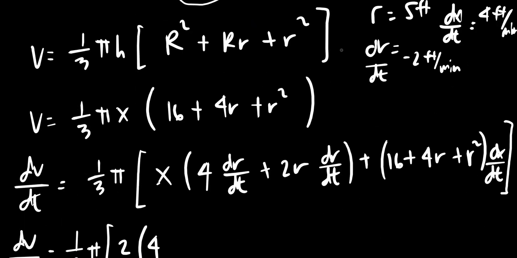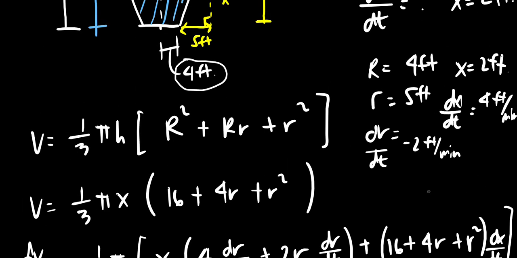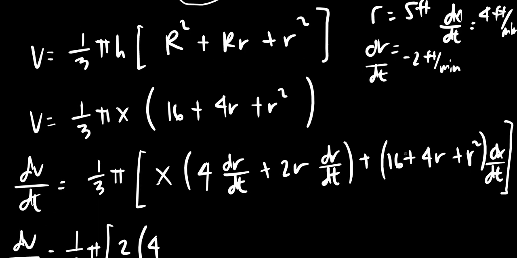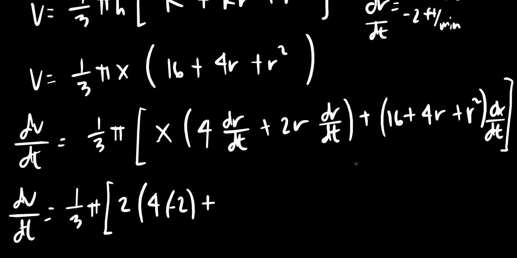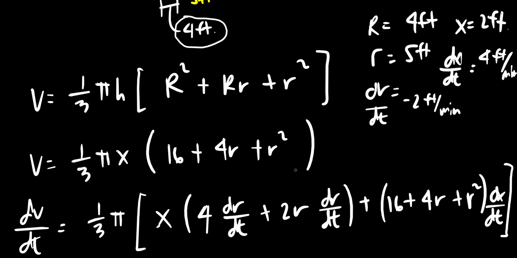So now we are ready to substitute. dr over dt is just equals to negative 2 feet per minute. So 4 multiplied by negative 2, plus 2r. So 2 multiplied by the value of r, which is just equals to 5.